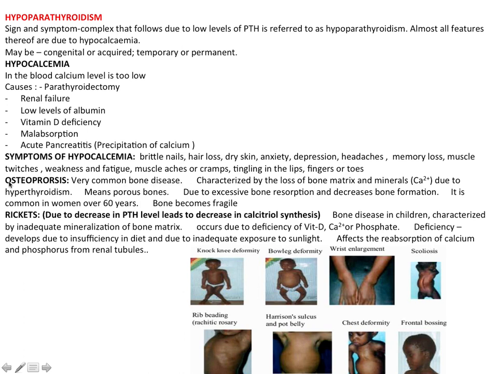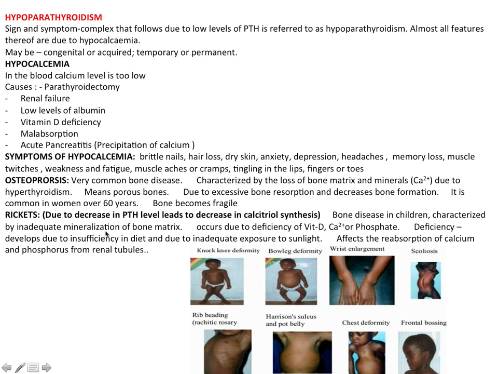So again, osteoporosis is a condition of decreased level of calcium ion in the bone. It is due to hyperparathyroidism. And once the calcium ion is released from the bone, the bone becomes porous, and it's the condition of osteoporosis, and it is more common in women over 60 years. And in this case, bone becomes very fragile.